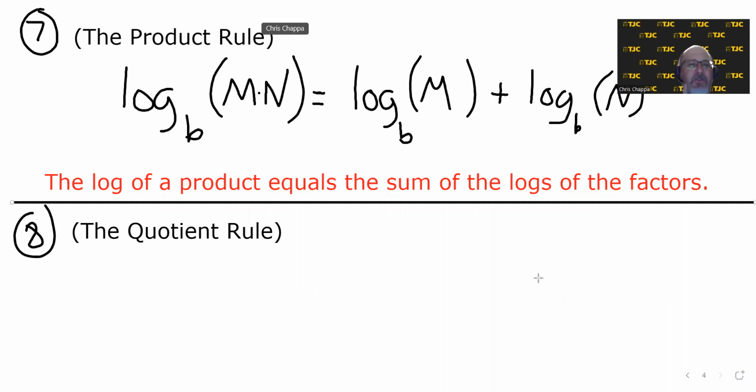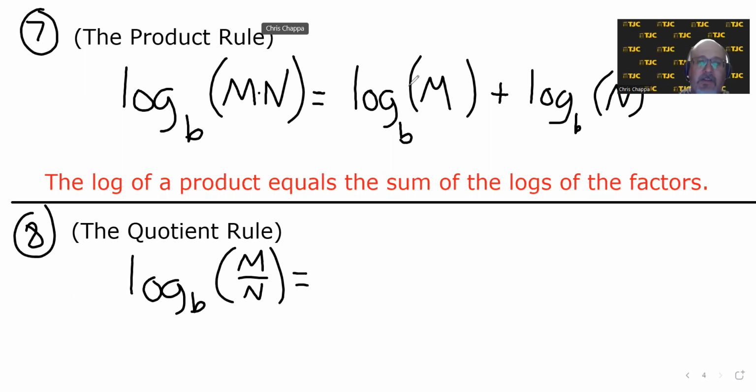All right, so what's the quotient rule? Well, the product rule says if you take the log of a multiplication problem, you get a sum of logs. So what do you think the quotient rule says? Quotient rule says if you take the log, any base, of a division problem, so we'll say M over N, then you can split it not into the sum, but into the difference of 2 logs, each with the same base.